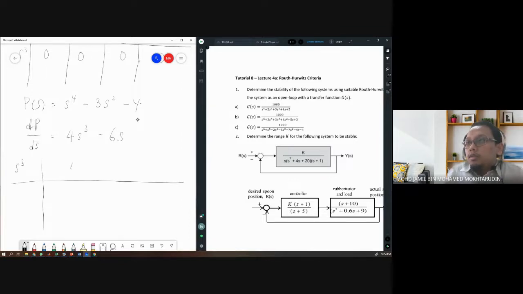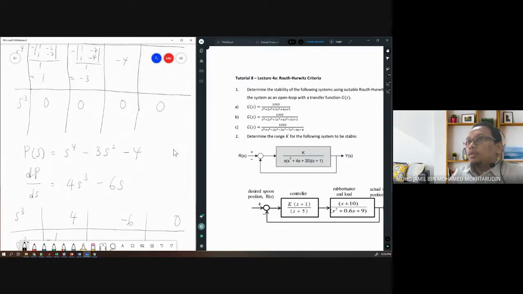So you get 4, minus 6, 0. And then we continue the calculation for row S2. So start with row S4.